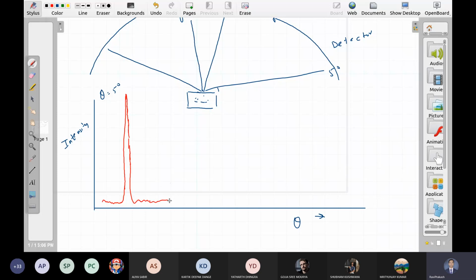At some other angle, you will again see an increase. Intensity can be anything. There is no order in the intensity. Then at some angle again, we will see some high intensity, then it goes down again. So we have this kind of pattern.